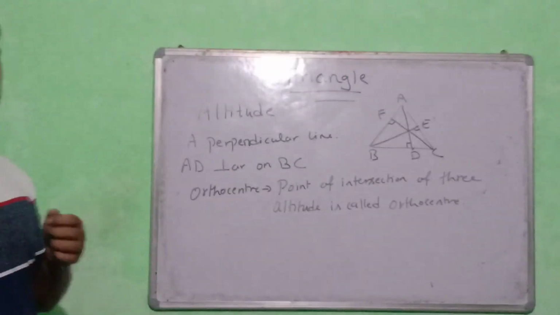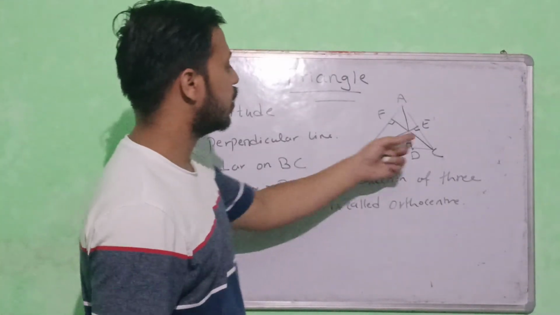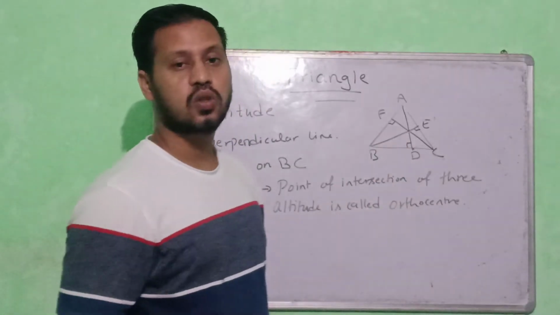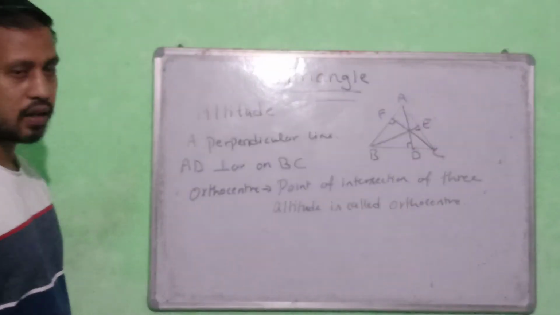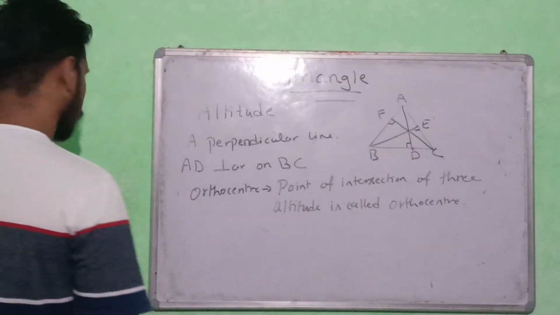Clear? Where the three altitudes intersect each other is called the orthocenter of a triangle.